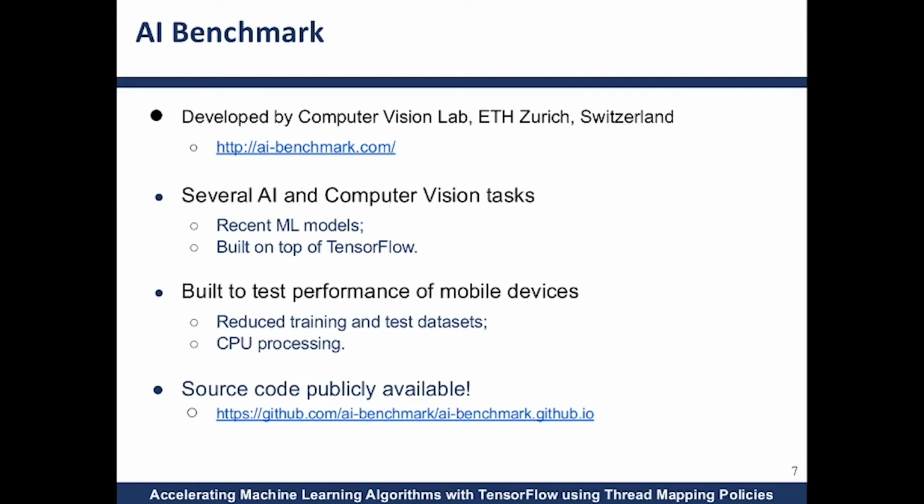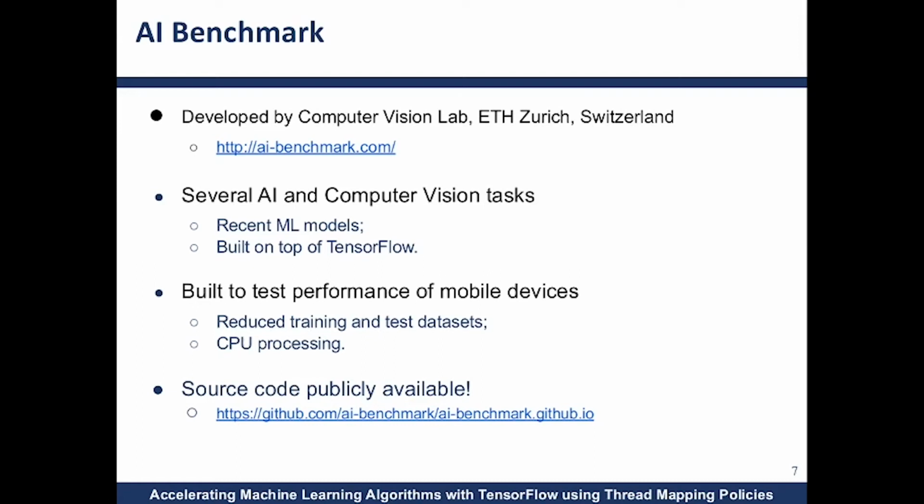This is a quite common machine learning library that people use in machine learning.